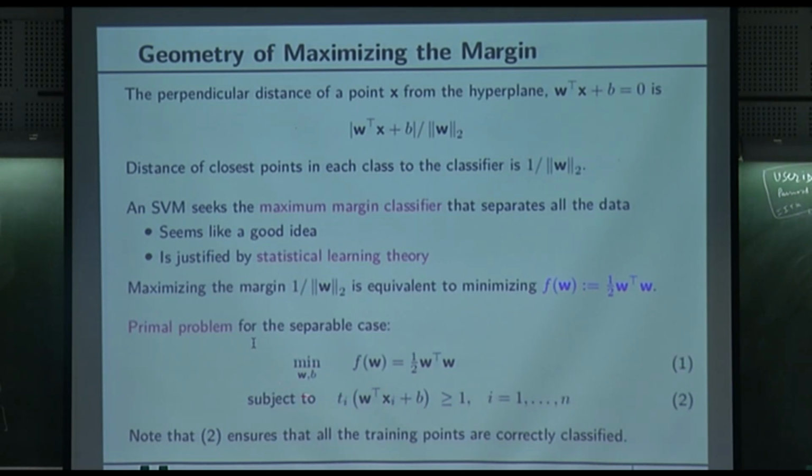So the constraints are all linear in W and b. The objective function is quadratic in W and b. Therefore this is a quadratic program. Can we say that this problem is convex? Is this a convex optimization problem? Yes, no, maybe? Yes. Why is it so? The constraints are linear, so I don't have to worry about them.